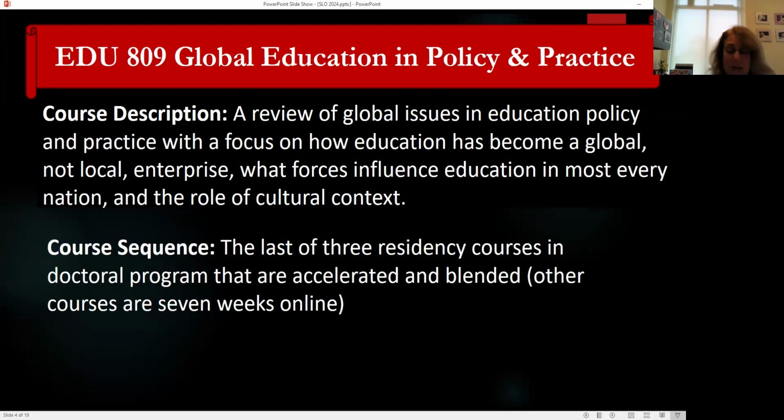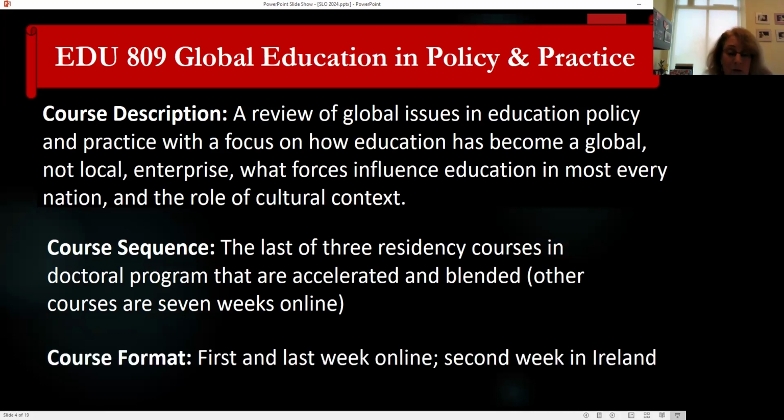The course sequence for this particular course is it is the last of 3 residency courses within our doctoral program. All of our residency courses are accelerated and blended, but other courses in the program are 7 weeks online. The course format for this particular course involves the first and last weeks being online, and the second week is in Ireland.